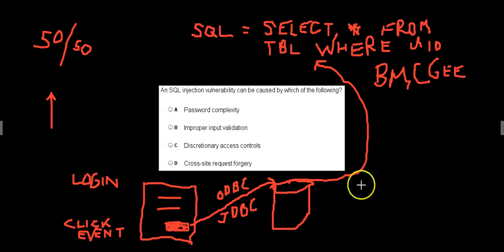So UID equals B McGee, and then you throw in an and statement, and I know that this is taking longer than you were hoping for, but we're going to go ahead and do it anyways.